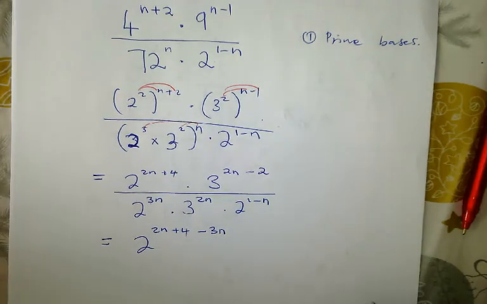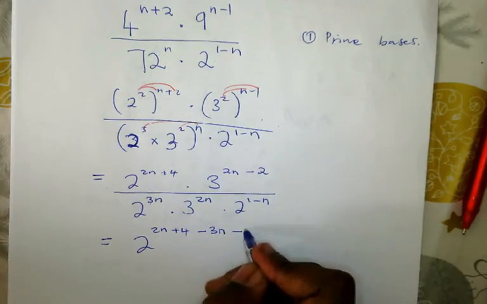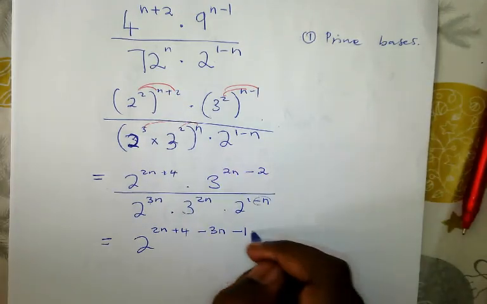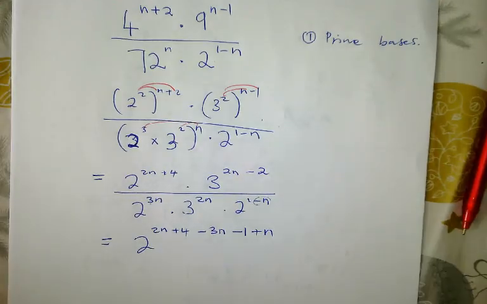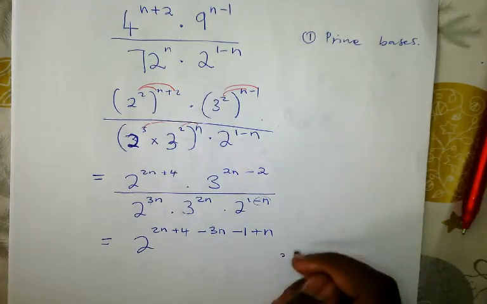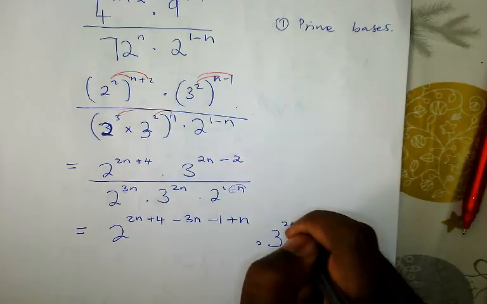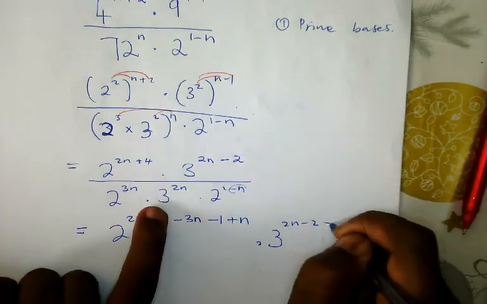This one goes up, it's going to be minus 1. This one is already a negative; if it goes up, it's going to become a positive because of what I showed you there. What about this one? 3^(2n-2), I'm going to subtract this one here, minus 2n.